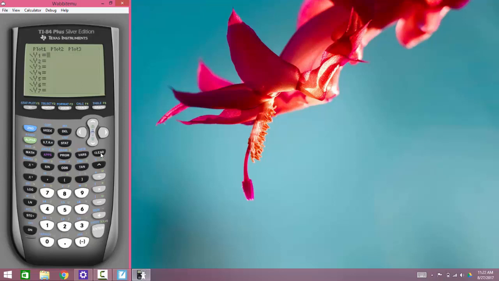All right, and our last one was absolute value of x minus 2. So let me remember. Absolute value is under math. Go over to number and then hit enter. So absolute value of x minus 2. And then you need to end your parentheses.